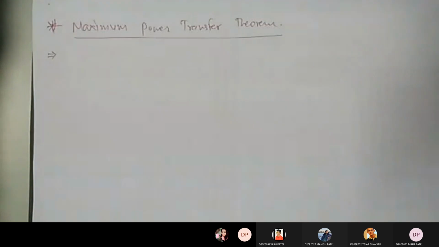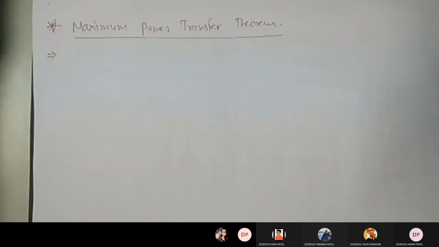Okay, so in some applications we want maximum amount of power to be transferred from source to load. The source is a battery and the load is your resistor or some electrical equipment. So what is our try? We want a maximum amount of power to be transferred from source to load.